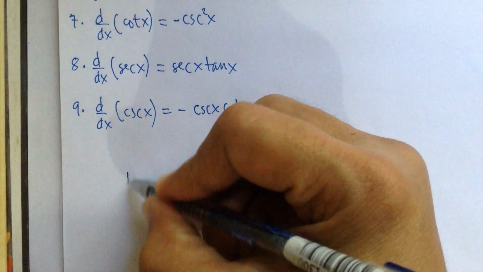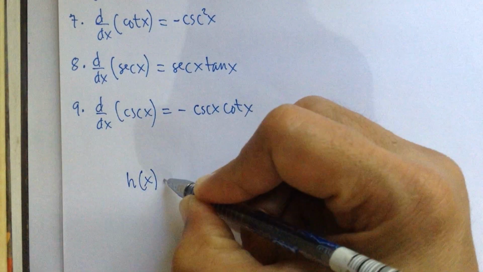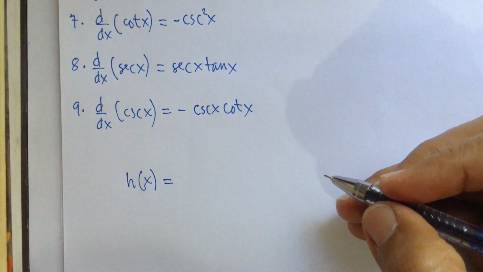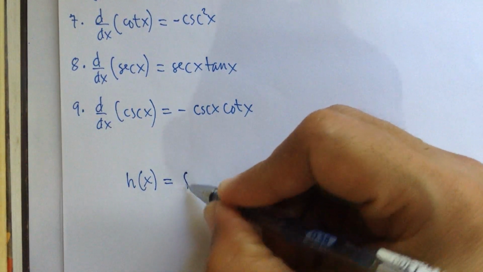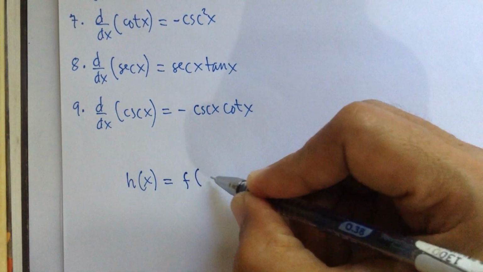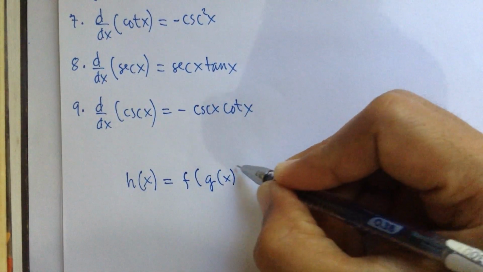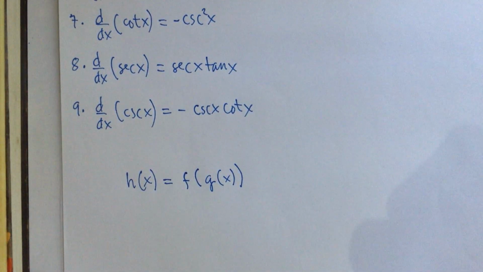For example, you have a function h of x which is described as the composition of f and g.